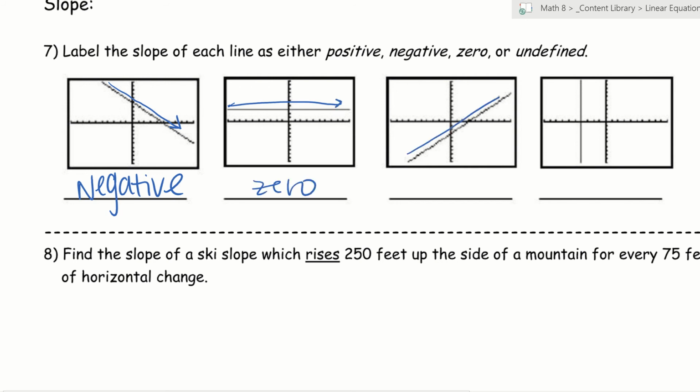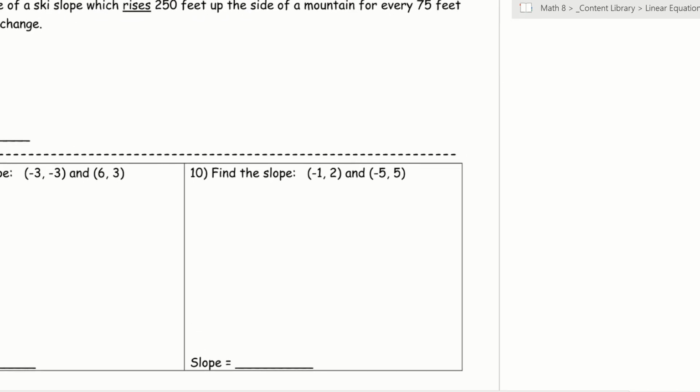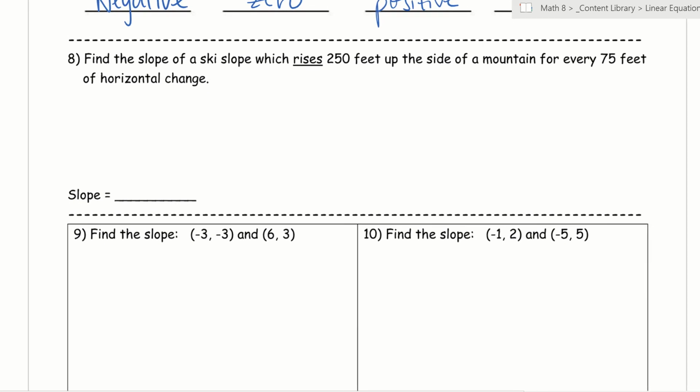If he's going up the hill, he's saying puff, positive. And when he's going off the cliff, he is undefined. Please know these.